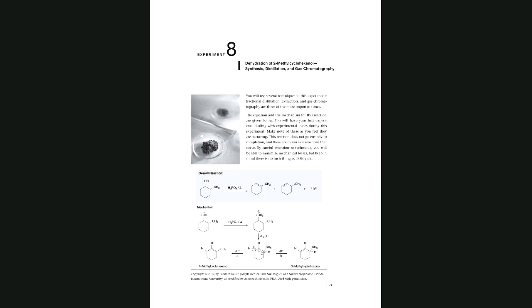Unfortunately, we cannot prove that the 3-methyl is going to be minor and the 1-methyl is going to be major. If we did prove that, we would have proved the Zaitsev rule. The Zaitsev rule means that the more substituted alkene is the more stable alkene, and that is going to be the major product, and that will show a higher percentage or peak area for the product.